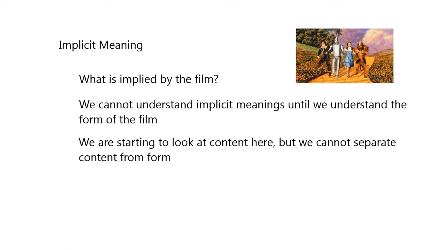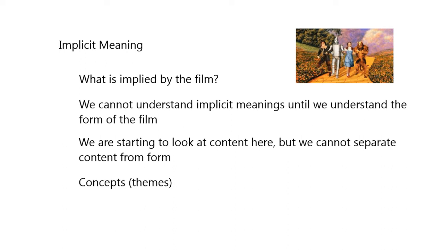So for the implicit meaning, we're starting to look at the content, but we cannot separate the content from the form. So to use our example of The Wizard of Oz again, moving into the implicit meaning, we can start to say that this film is about a rite of passage from childhood to adulthood, or it's about adolescence. All depends on how we interpret the form of the film.